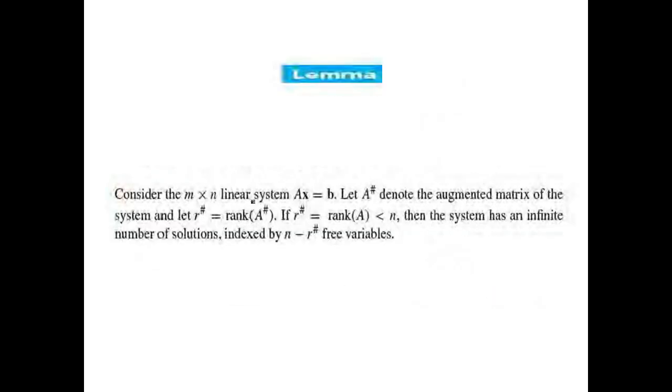Consider the m cross n linear system Ax equal to b, let A hash denote the augmented matrix of the system, and let R hash be the rank of A hash. If the rank of the augmented matrix equals the rank of the coefficient matrix and both are less than the number of unknowns, then the system has an infinite number of solutions indexed by n minus R hash free variables.